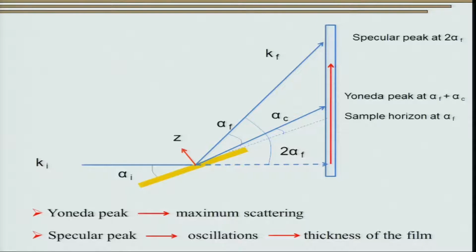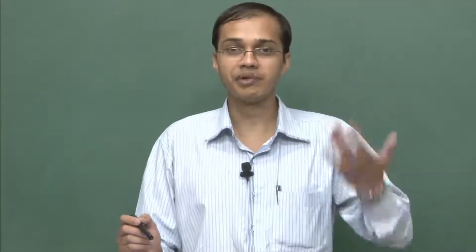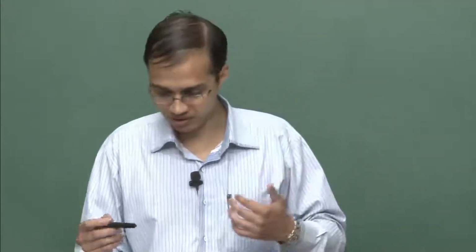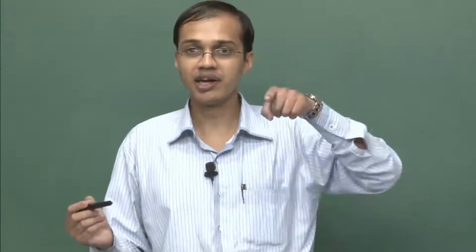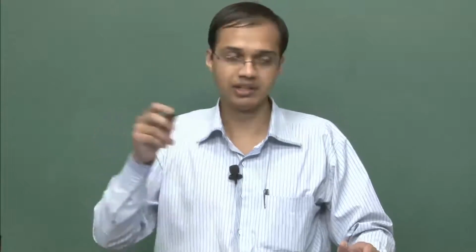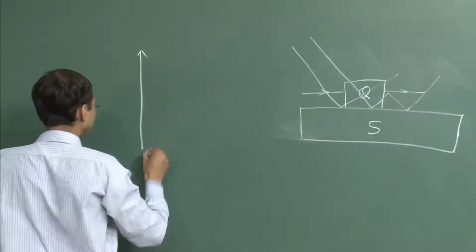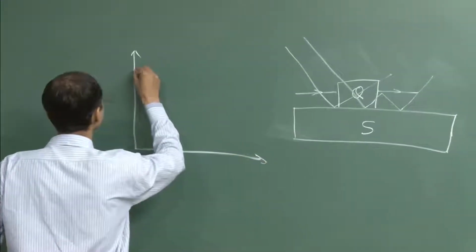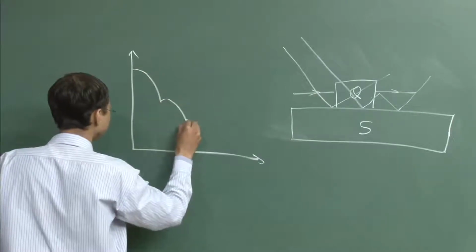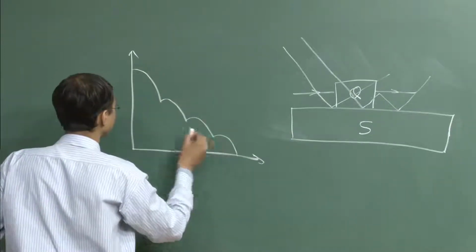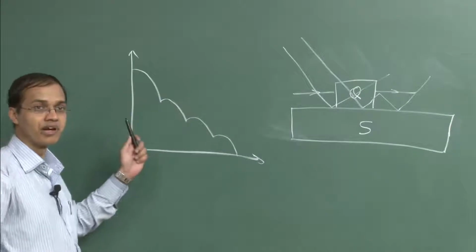Now, talking about the specular peak, I hope you appreciate that in the form factor calculation we had seen how we get a lot of bumps, like you get first a valley. Let me just go and draw it. So, this is what we had got earlier.